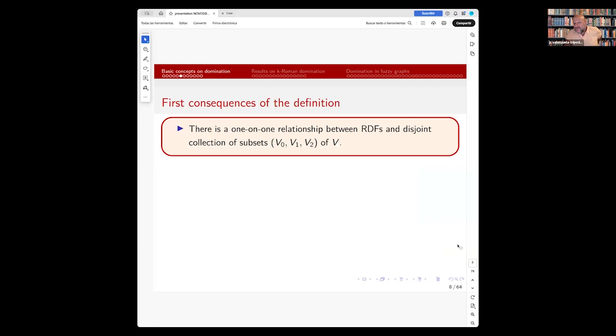As a consequence of this definition, we can note that, first of all, there is a one-to-one relation between the set of all Roman dominating functions and the disjoint collections of subsets of the vertices. I don't want to talk about partitions because, as you know, some of these sets may be empty, so I prefer to talk about a collection of subsets.